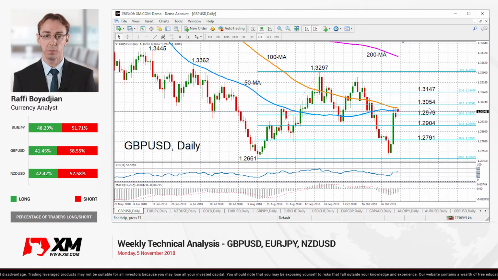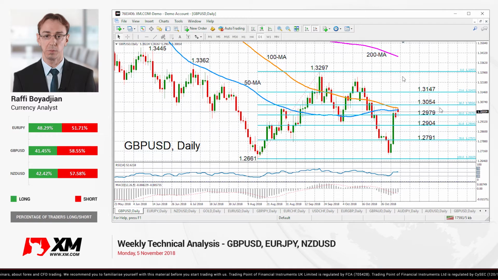So a break above 1.3054 would help strengthen the upside momentum. We could then see prices targeting 1.3147. That's the 23.6% Fibonacci before the pair is able to re-challenge that September top just below the 1.33 handle.